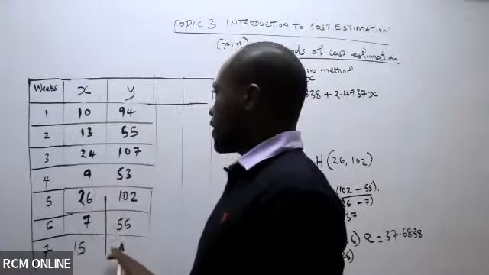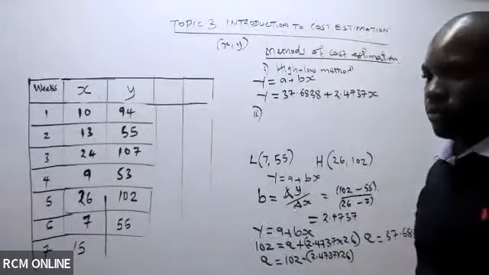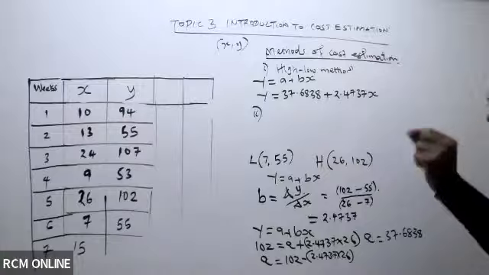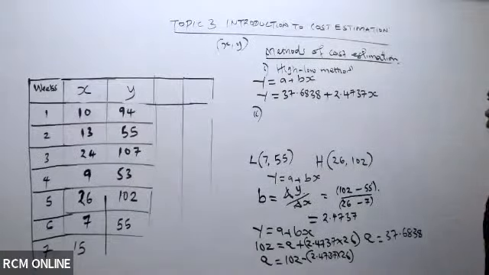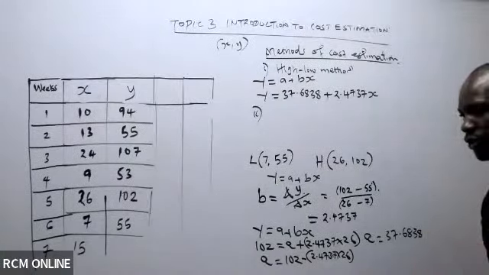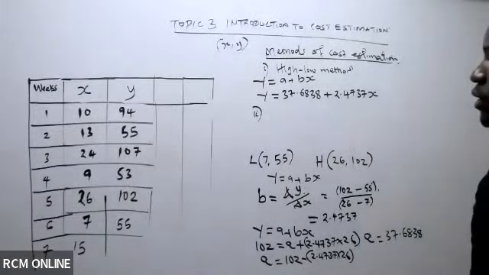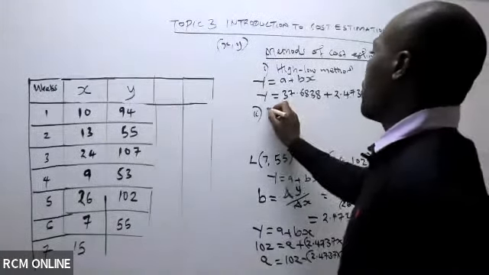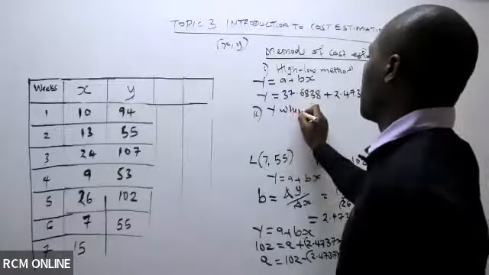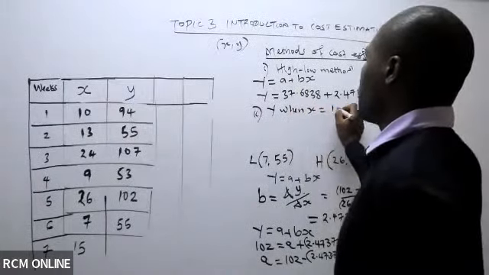So can someone give us total production cost? If in week 7 the company is anticipating production of 15 units, it's basically the value of Y when X is equal to 15.